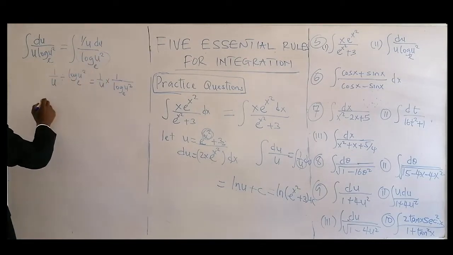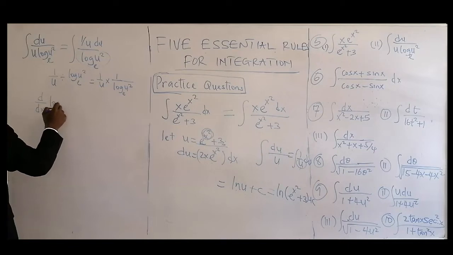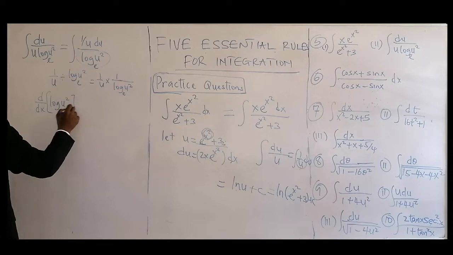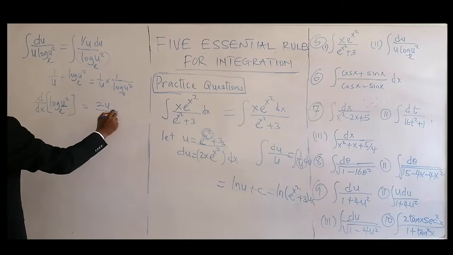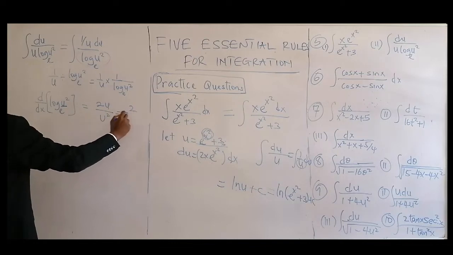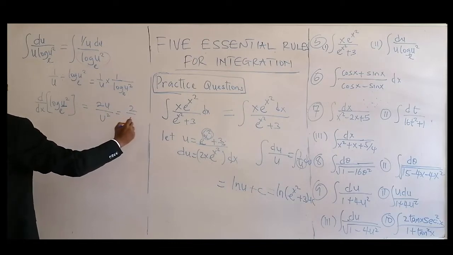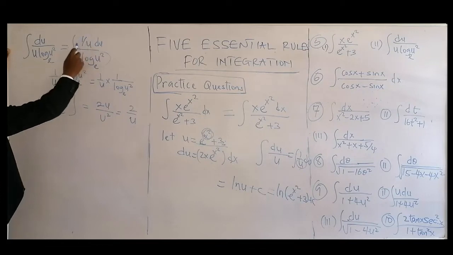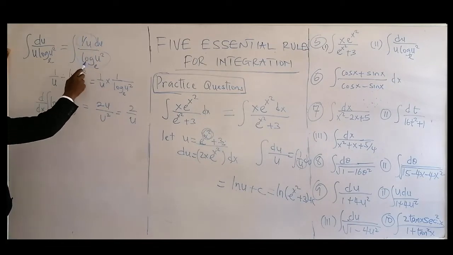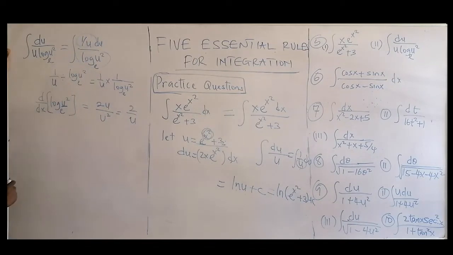Then the next thing to do now, can you check this one very well? Take this one out. The derivative of this will give you, this is the derivative of u squared, that's 2u over the function itself. And that will be equal to 2 over u. Okay? So you can see that this numerator is almost equal to the derivative of this.